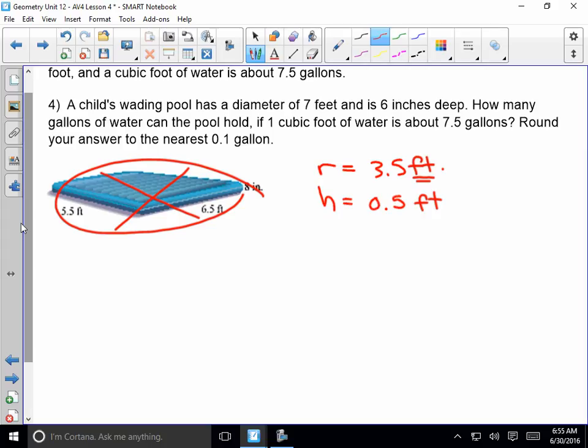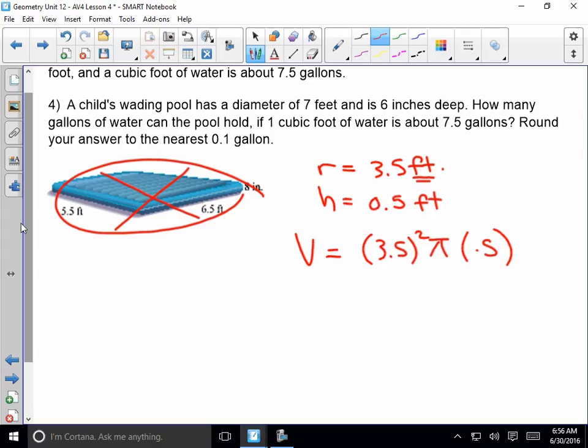The first thing that we have to do is find the volume of water, and then we can figure out how many gallons it holds based off of that. So volume of a cylinder: area of the base, radius squared times pi, times the height of the object. We're going to multiply that all out to get the volume first.